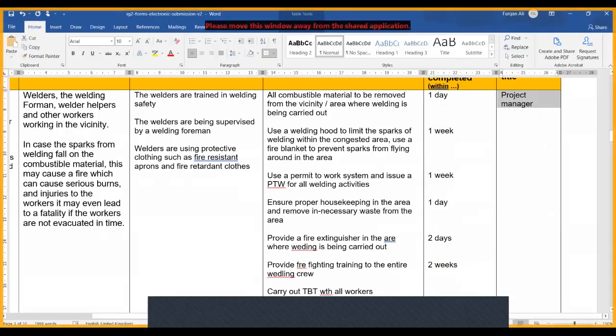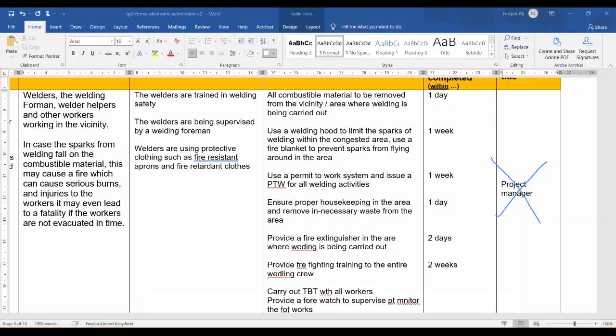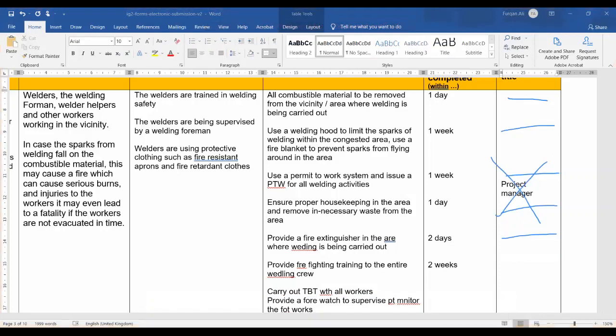So they will put him responsible for all the actions, which is wrong. If you just put one name in this section, you will not meet the criteria and you will fail. Even on this one single mistake, the examiner will fail you. So don't just write one name. You need to write a name against each timeline, against each action, okay? So be very, very responsible when you're doing this.